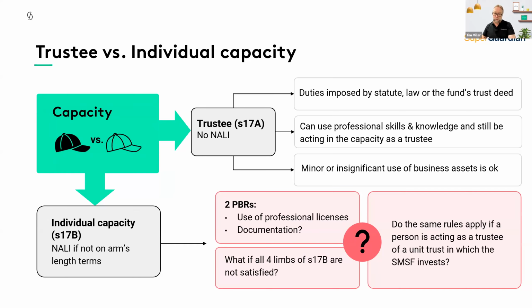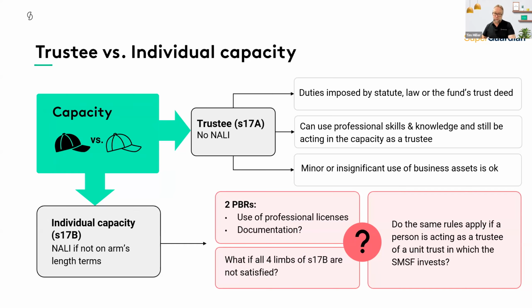So we have to always balance this whole thing out with reference to where it sits with the work being performed, who technically can do that, and then who is doing it. And then the who is bit will then determine whether or not we're potentially going to have a non-arm's length issue.